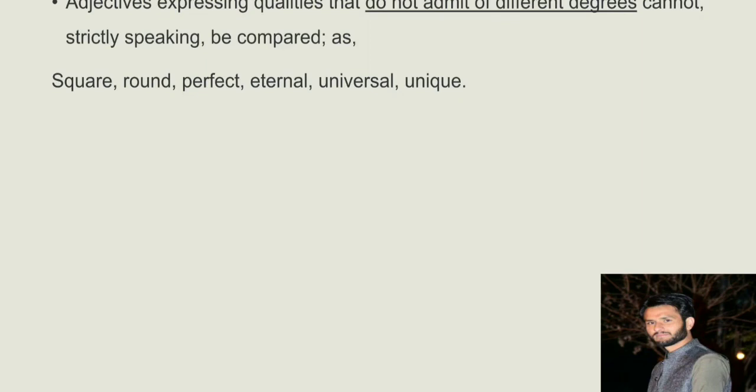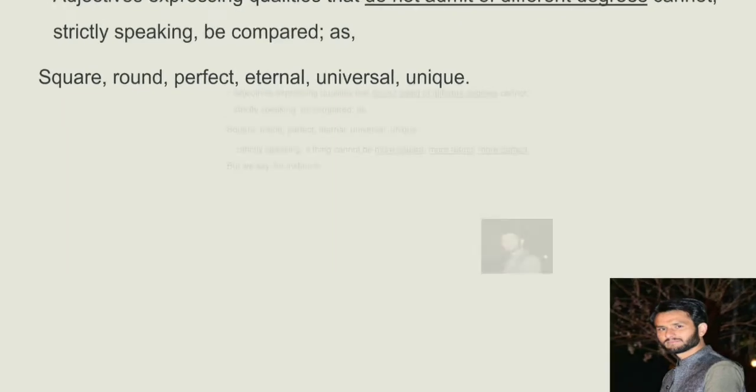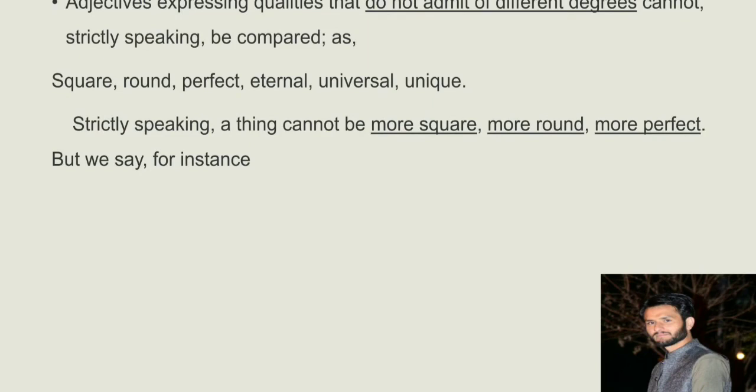We have the examples square, round, perfect, eternal, universal, and unique. Strictly speaking, a thing cannot be more square, more round, or more perfect.